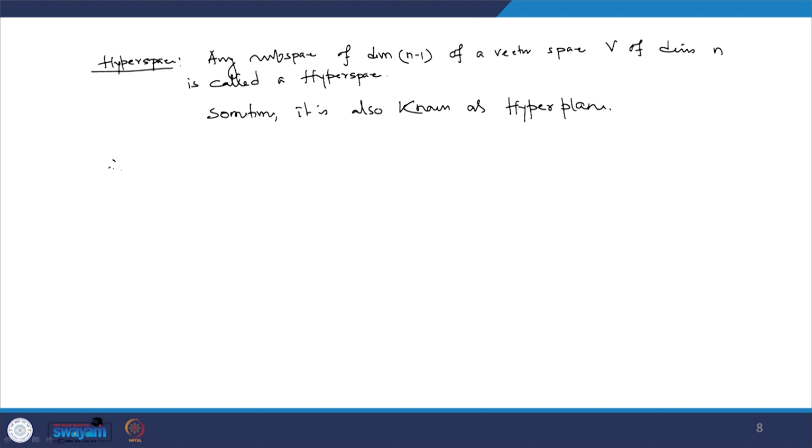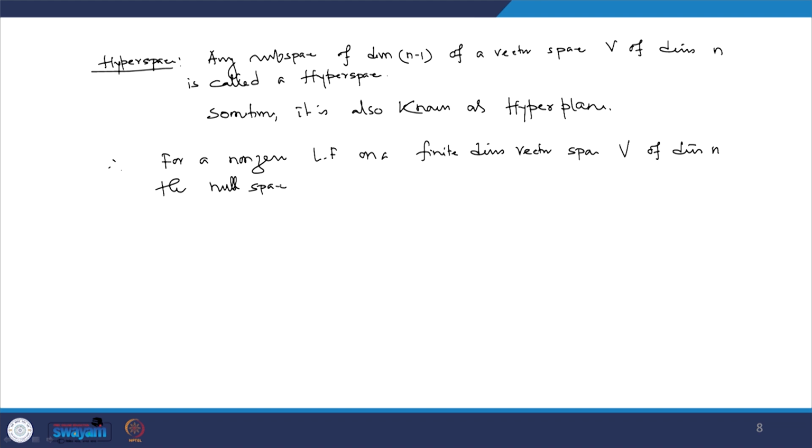So, this implies for a non-zero linear functional on a finite dimensional vector space V of dimension n, the null space of F is a hyperspace.